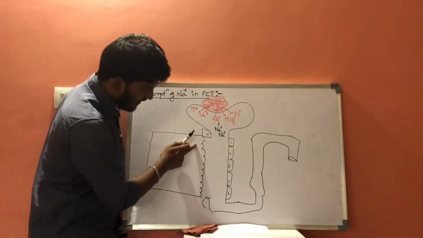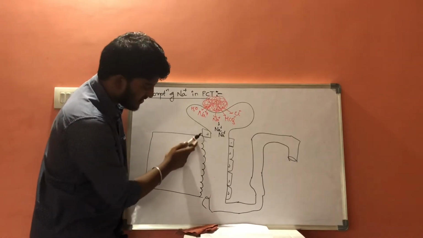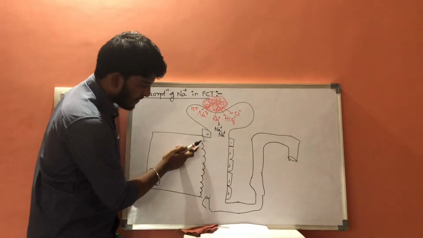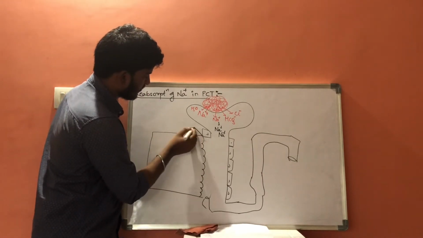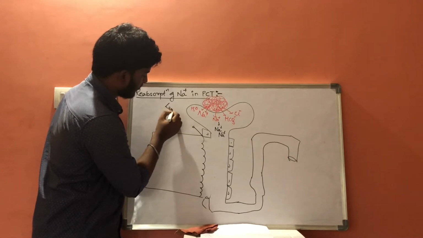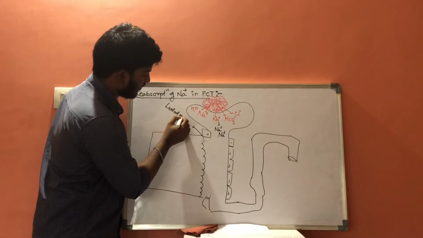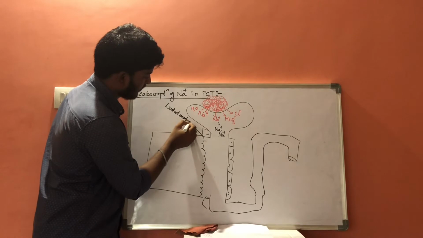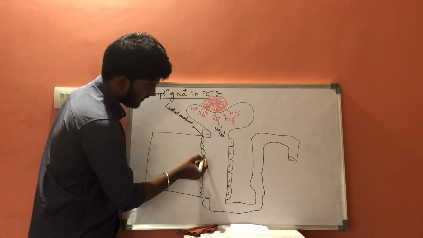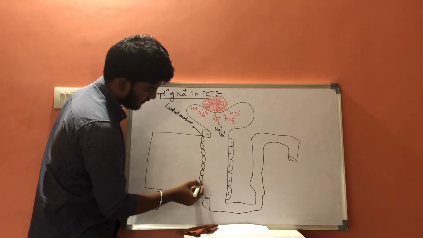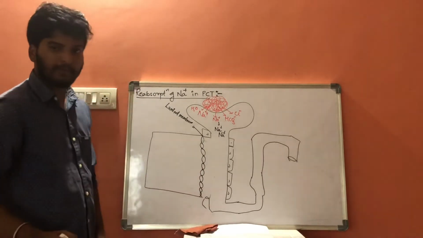So this is the side which is facing towards the lumen. So this membrane is called luminal membrane, which is bilayered, which is made up of lipid bilayer.